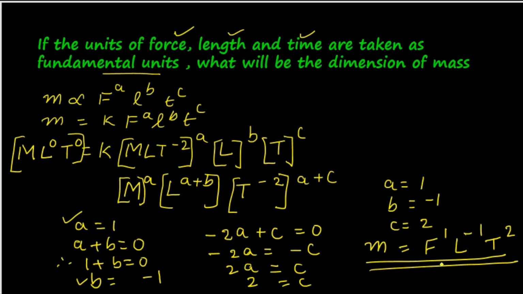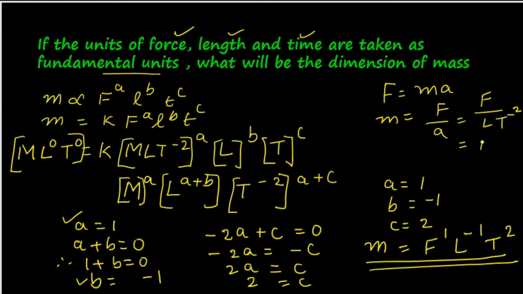If we want, we can cross check this. How? We know F is equal to M A. So M is equal to F by A. A is equal to, we are not writing the dimension of F, it is force. A is equal to L T raised to minus 2.